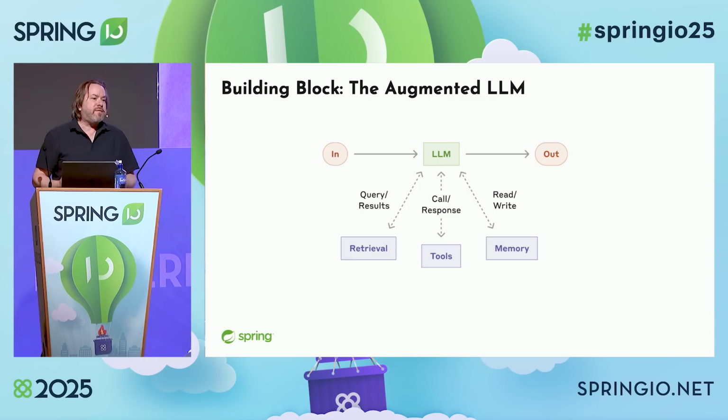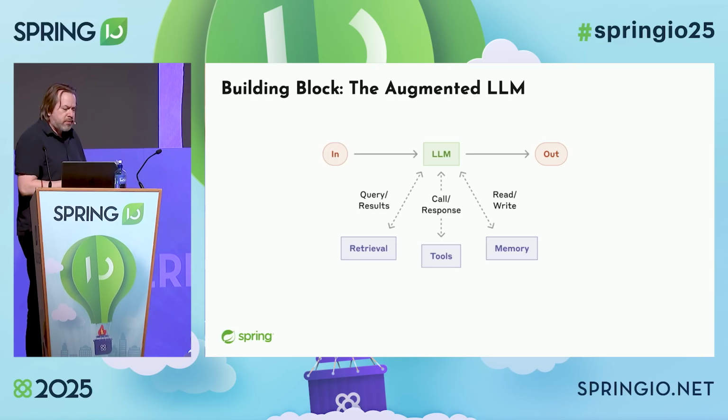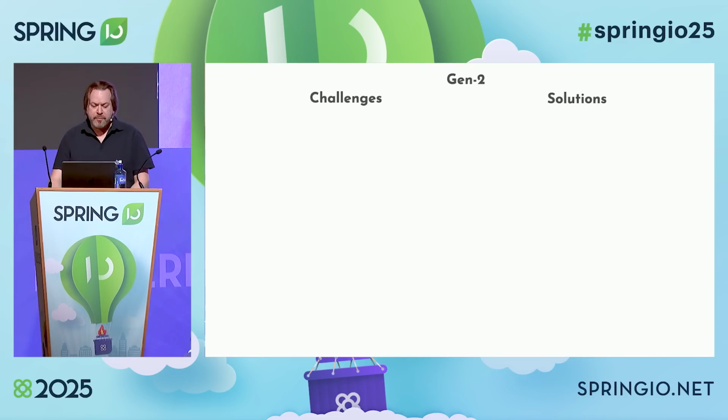How do you retrieve relevant data that the model doesn't know about so it can reason over it? How do you call APIs and tools? And how do you keep the memory of previous interactions? So this really is the building block now, this pattern. Typically, you'll have 2, potentially 3 of these components augmenting what goes into the large language model.